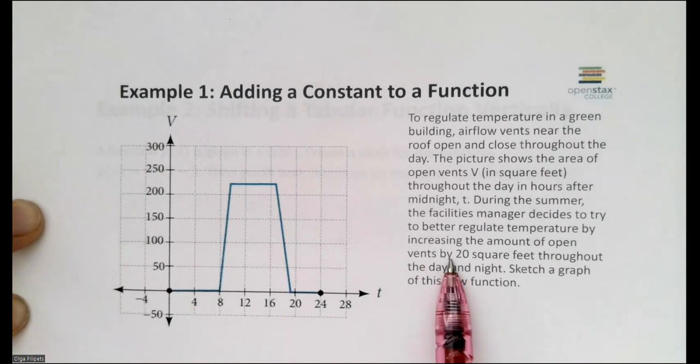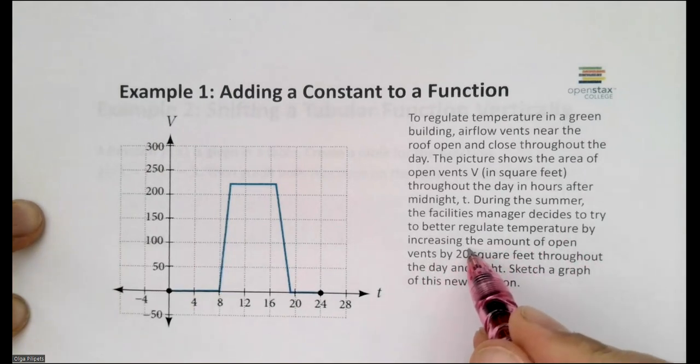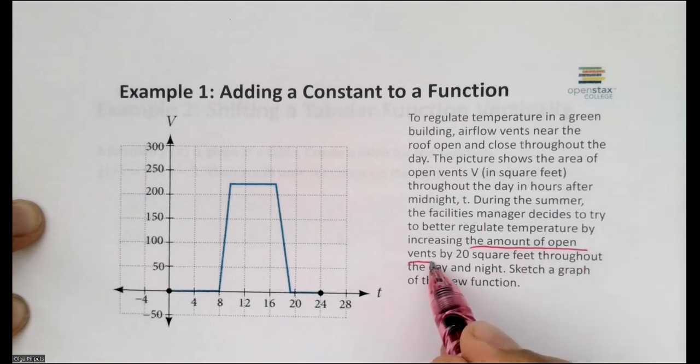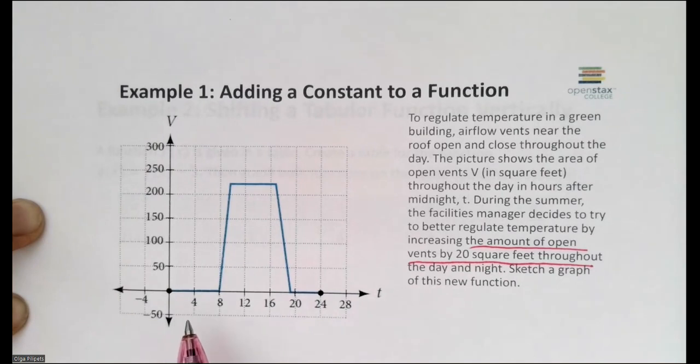So it says that to better regulate temperature, we're increasing the amount of open vents by 20 square feet throughout the day and night. That means for all t values, on the entire domain of this function, we're going to increase the V by 20 square feet.